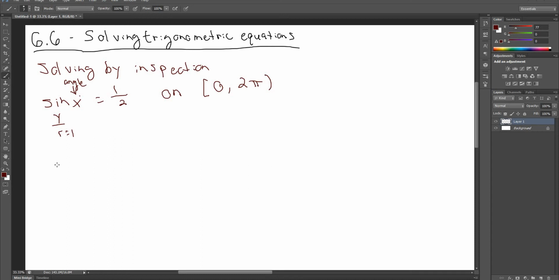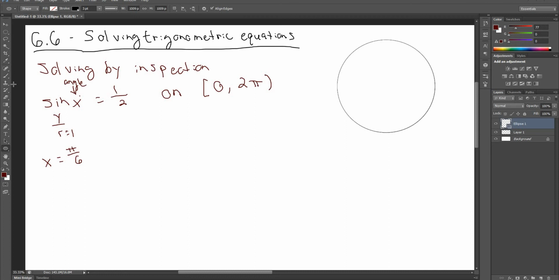So for sine of x is equal to a half, we know we can have y at a half for x is equal to pi over 6. I just remembered that I have a circle tool in Photoshop that I can use to not have to draw horrible circles anymore.